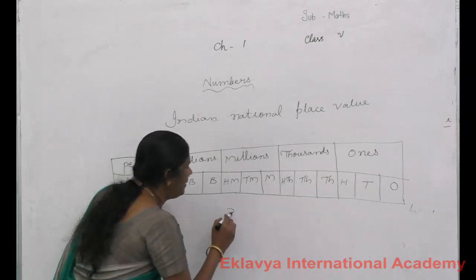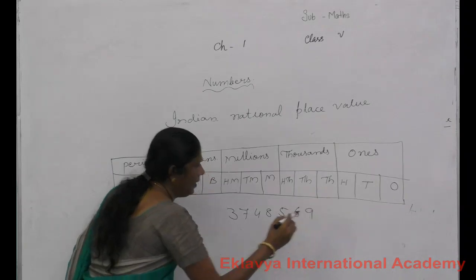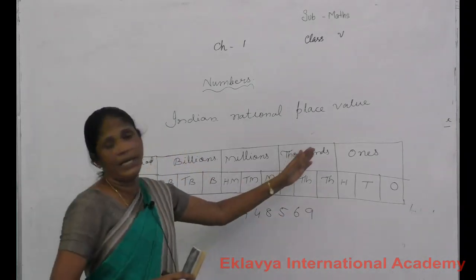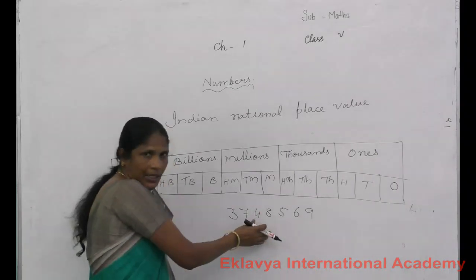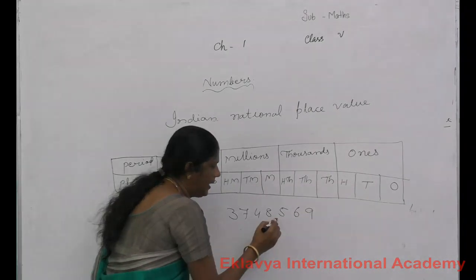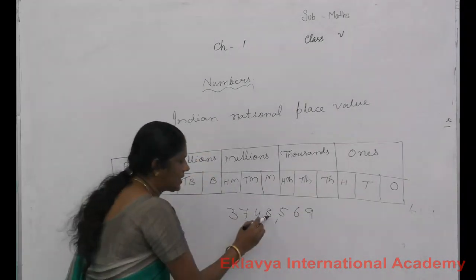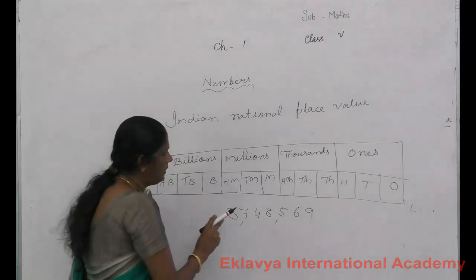How to read the number? At the end of each period we put a comma. Ones, tens, 100, then comma, 1000, 10,000, 100,000, then comma, then million.